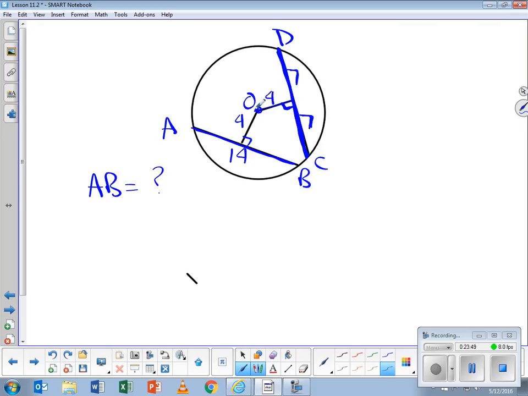Because these segments connecting the chord to the center both are 4 units, and they're both perpendicular, making them the distance from that point to the line, right? So since these are both 4s, that means these chords have to be the same length. So I totally agree with Jared that the answer to the question is 14.